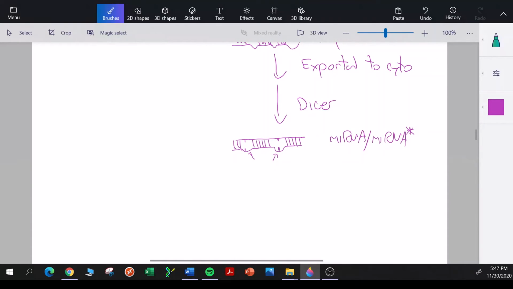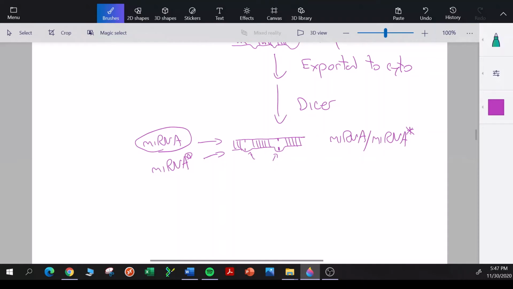So only one of these strands is the microRNA. The other one is the microRNA star. Usually, most of the time, only the microRNA strand is incorporated into the RISC complex.